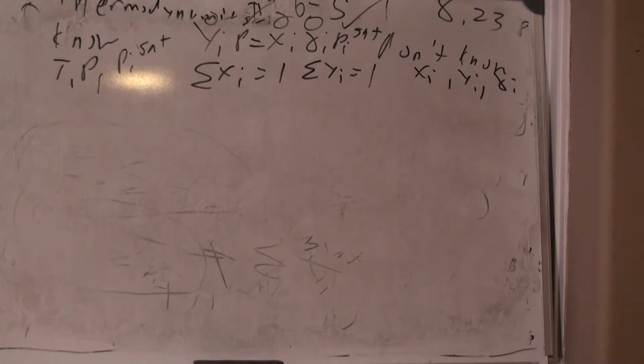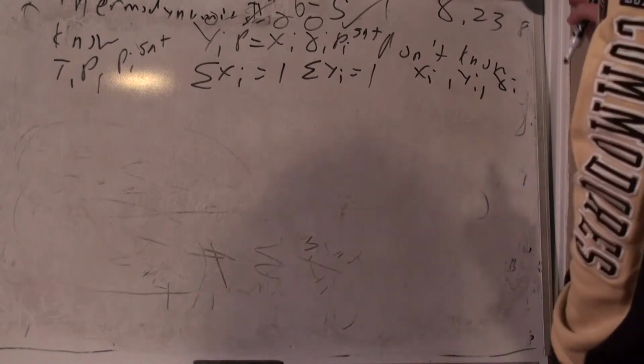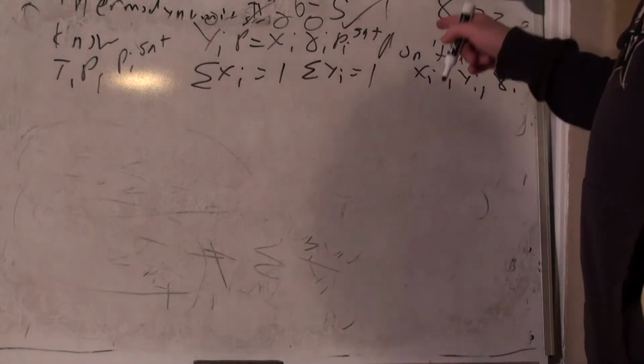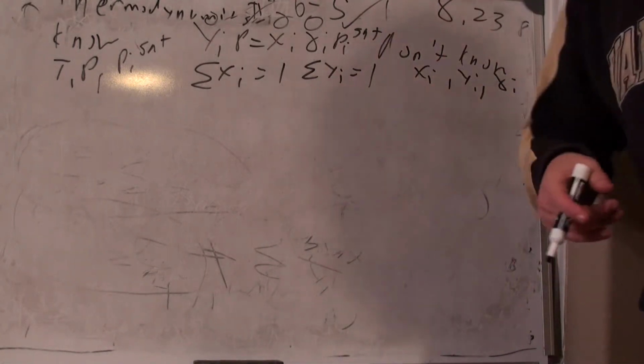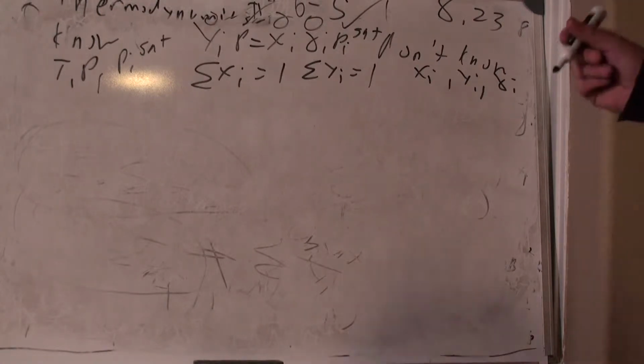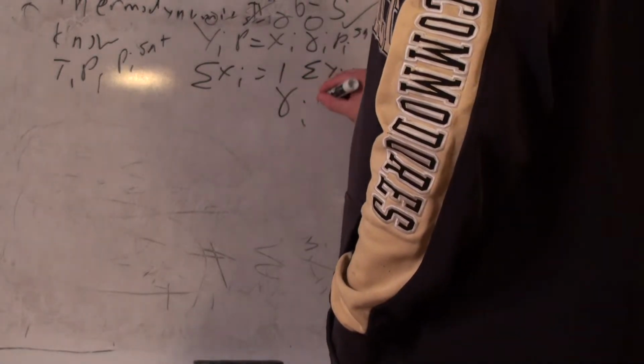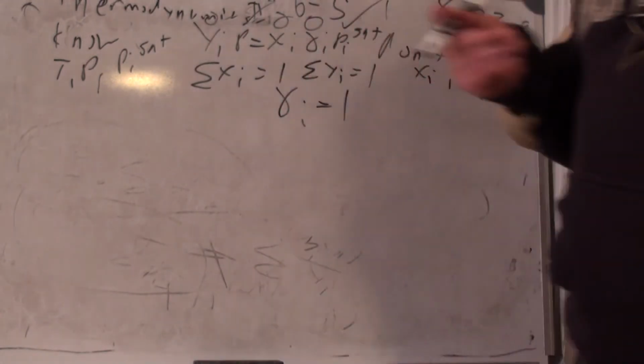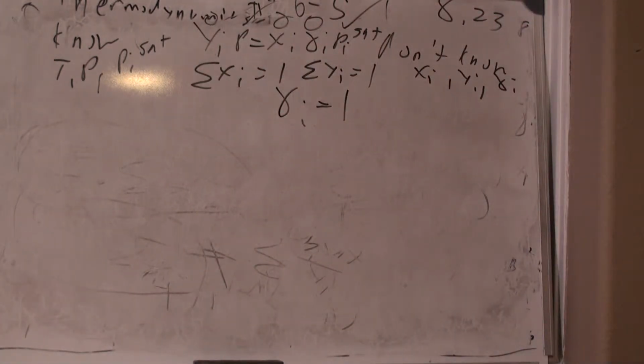Okay, but when I did dew pressure, where I didn't know xi and I didn't know gamma i as a result, I assumed something. What did I assume? Initially, at least, I assumed that my gamma i's were equal to 1, which represented an ideal solution.